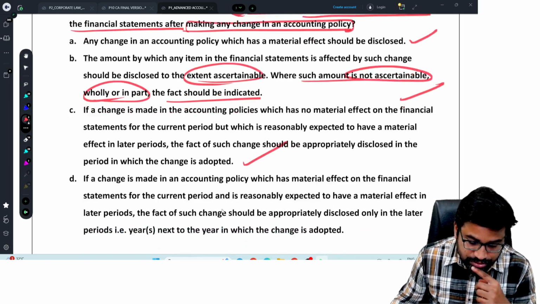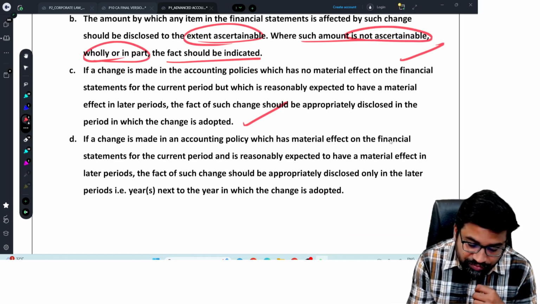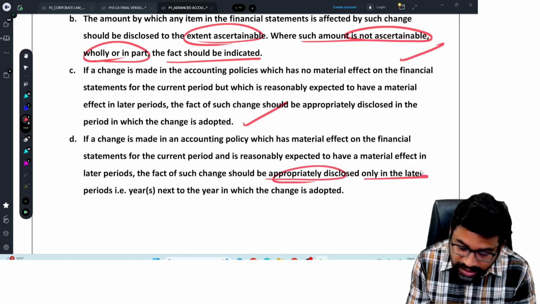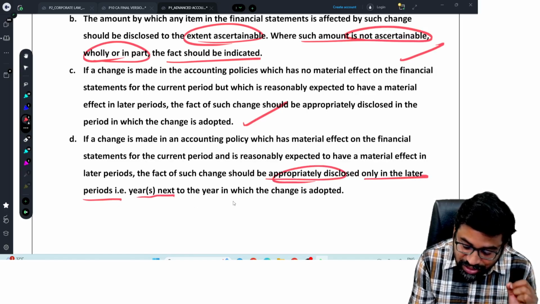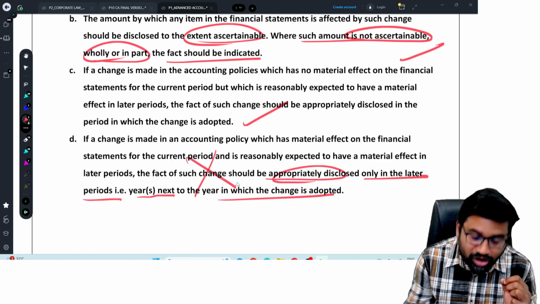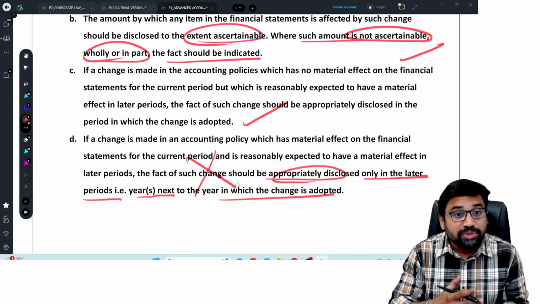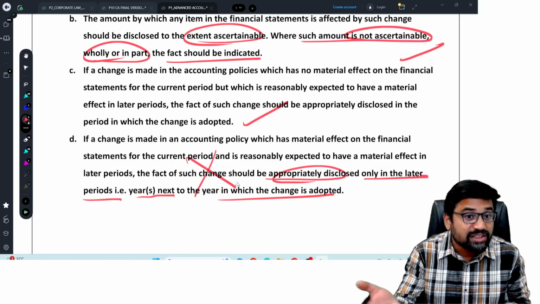Correct. Now, if a change is made in an accounting policy which has a material effect on the financial statements for the current period and is reasonably expected to have a material effect in later periods, the fact of such a change should be appropriately disclosed only in the later periods, that is, the year next to the year in which the change is adopted. Wrong. Suppose there is a change in accounting policy that may not have a material effect in the current period but is expected to have a material effect in future periods.